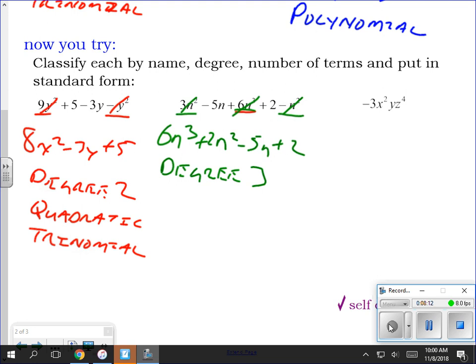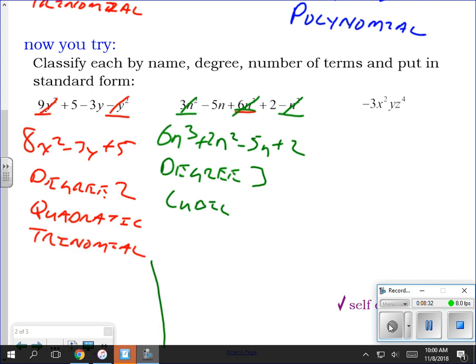Okay. And this is one we haven't really talked about, but a degree of 3 is a cubic, because the largest power is a cube. So we call it a cubic equation because n cubed is the largest one.